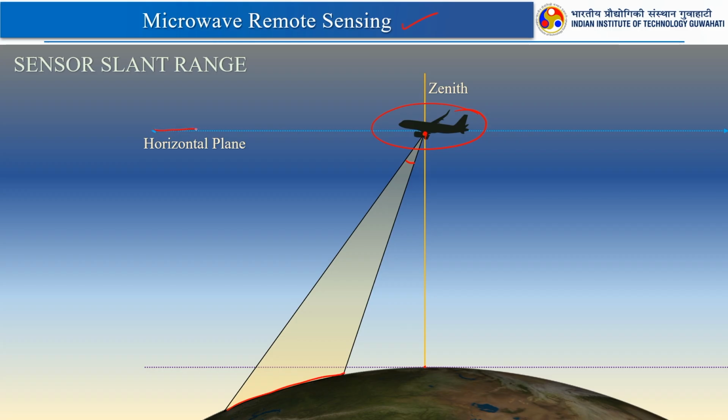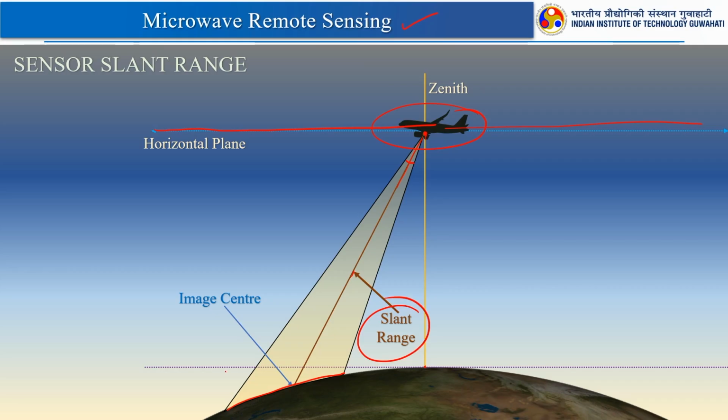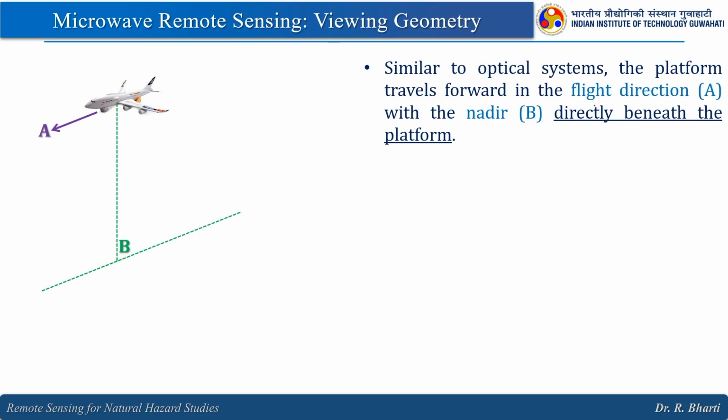This is the horizontal plane, and the flight is moving along this. Here the center line of this viewing angle will be your slant range, and this will become the image center. Here we refer to flight direction A and nadir B.